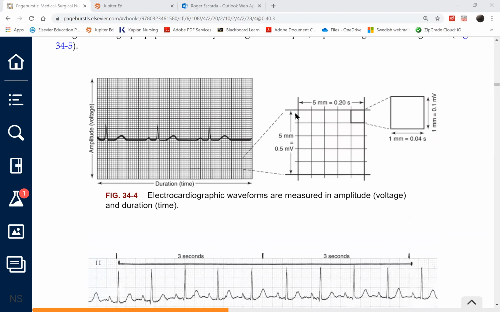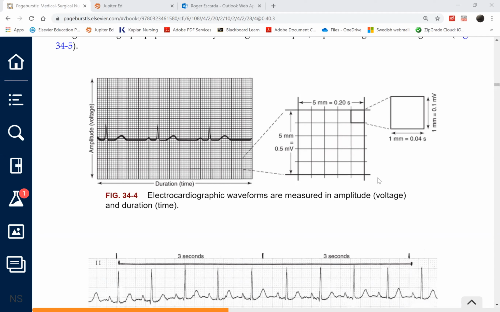As you can see, a big box or a big block has 25 small blocks inside it. It means it has 5 vertical small blocks. There are also 5 horizontal small blocks. So we said that the horizontal axis represents time in seconds. So one small box is 0.04 seconds.